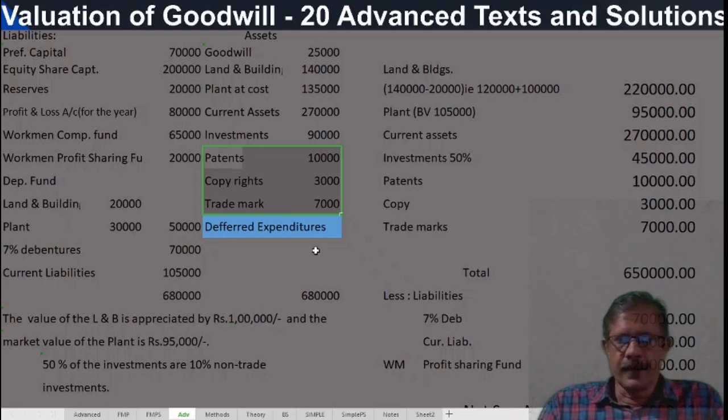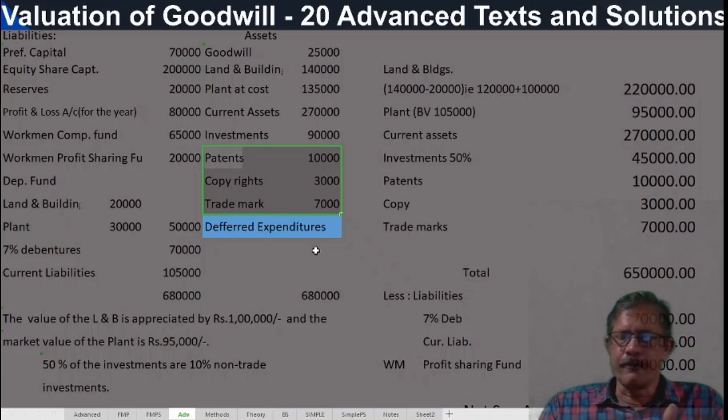Okay, so we will come to some advanced problems. In all problems, we have to calculate capital employed. Average capital employed. Average capital means opening capital plus closing capital divided by 2. If only one year's balance sheet is given, then what to do?